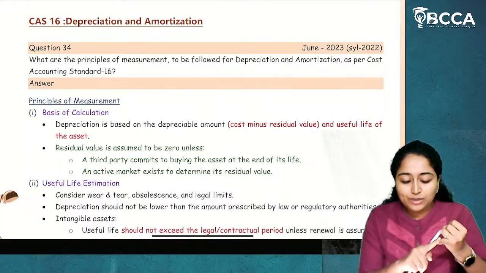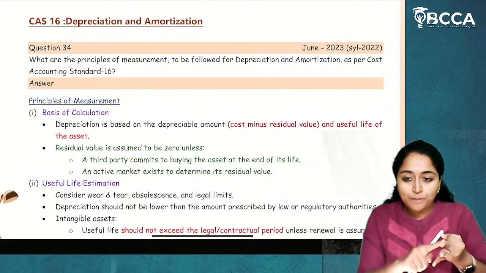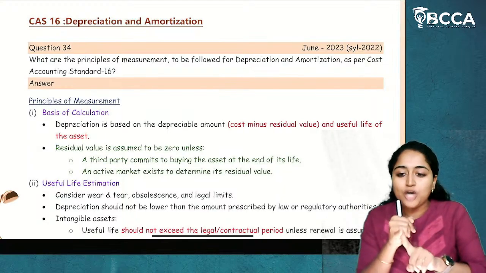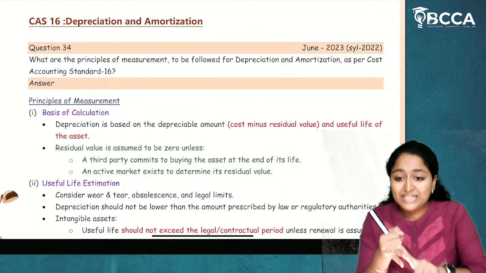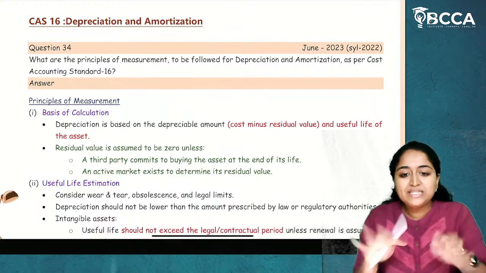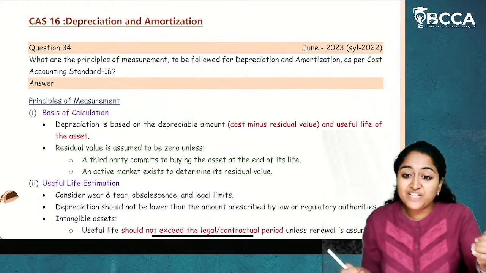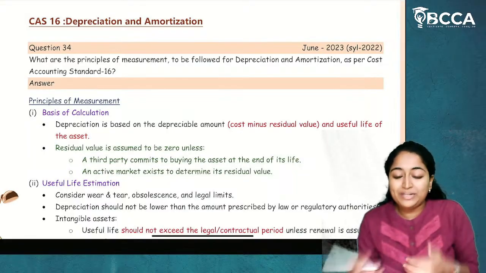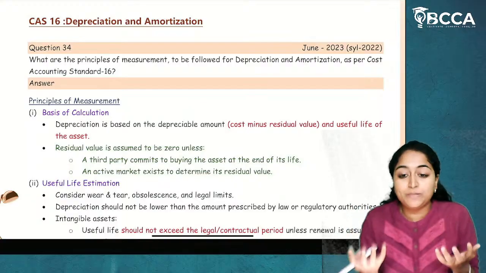First, introduction, objective, scope, definitions, principles of measurement, assignment of cost, then presentation, disclosure, and effective date. These are the 9 points into which each cost accounting standard is segregated. So from the fifth point, principles of measurement, you see how depreciation and amortization should be measured.